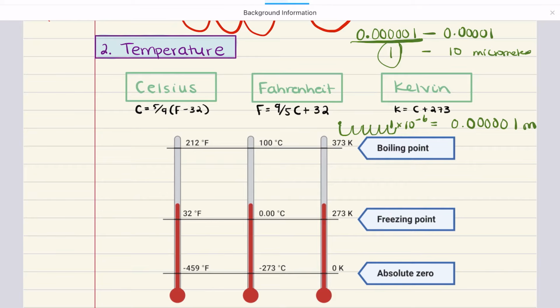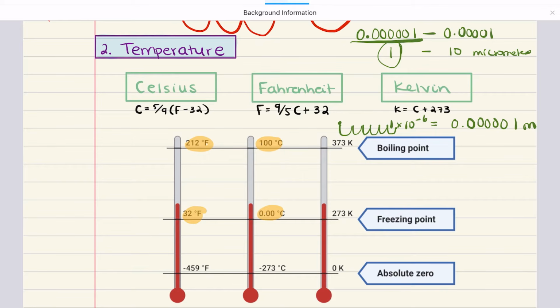Now, the Celsius scale defines the freezing point of water to be 0 degrees Celsius and the boiling point of water to be 100 degrees Celsius. The Fahrenheit scale, instead, defines the freezing point of water to be 32 degrees Fahrenheit and the boiling point of water to be 212 degrees Fahrenheit.